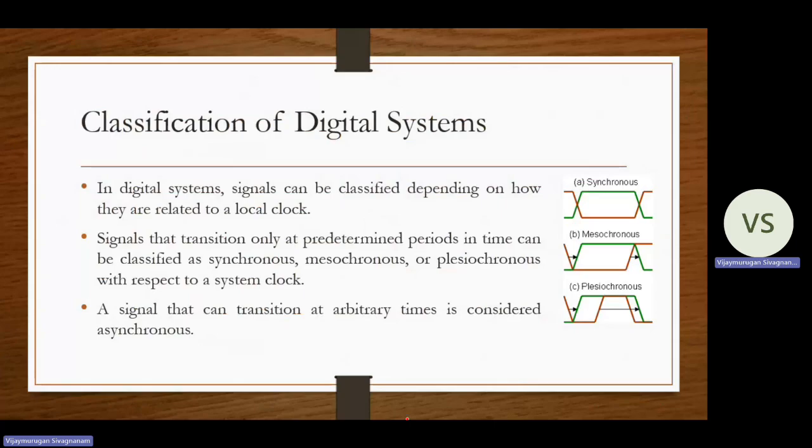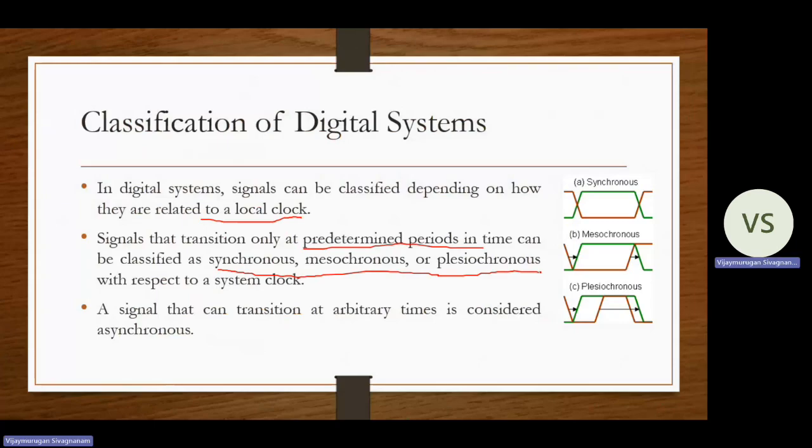In a digital system, the signal can be classified depending on how it is related to a local clock. Based on that, we classify into four types. Among these four types, three are classified based on predetermined periods in time. Signals that transition only at predetermined periods in time can be classified as synchronous, mesochronous, and plesiochronous with respect to the system clock.